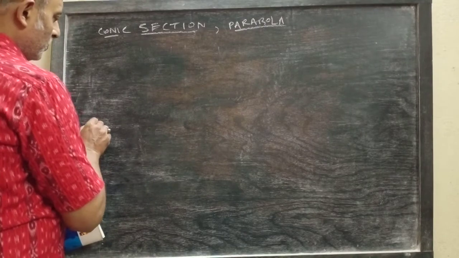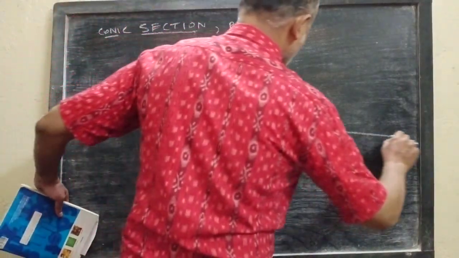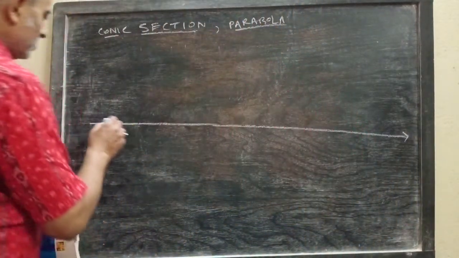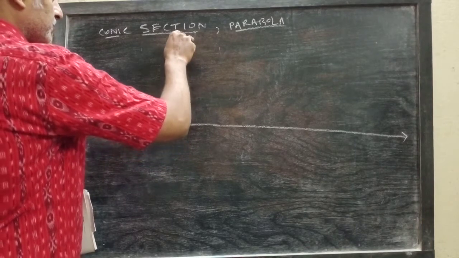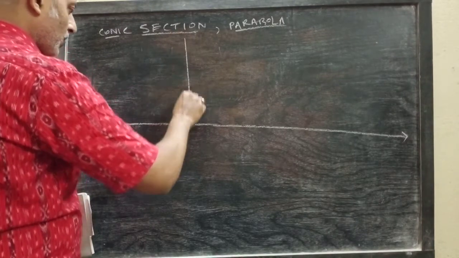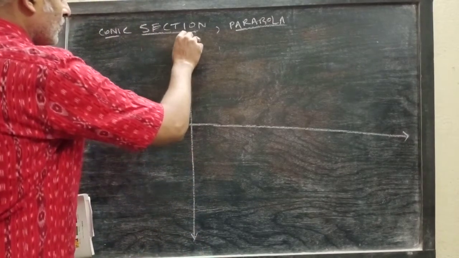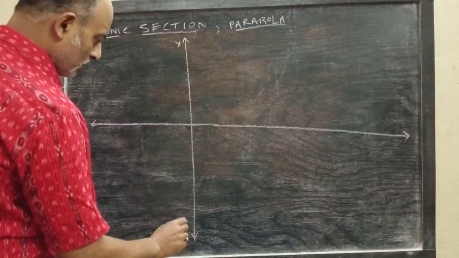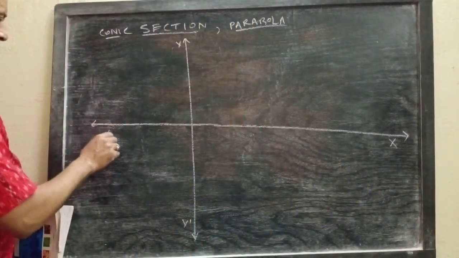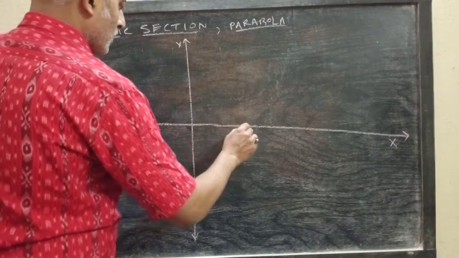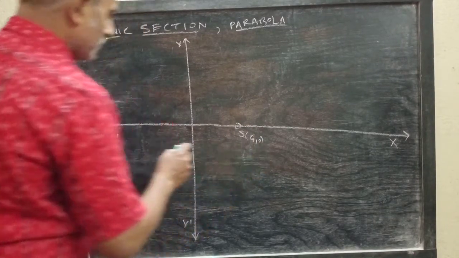Now let us draw a big drawing, and in that drawing I have to label all these concepts. Suppose this is our focus (a, 0).